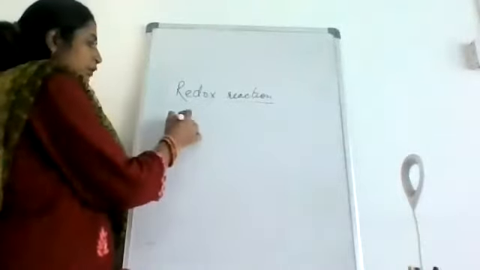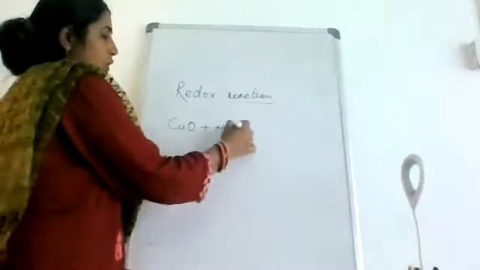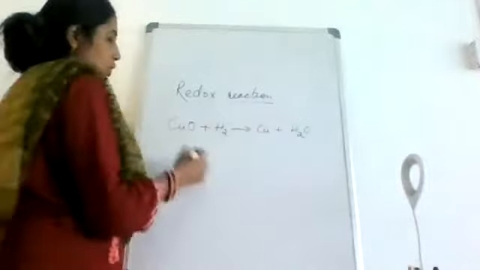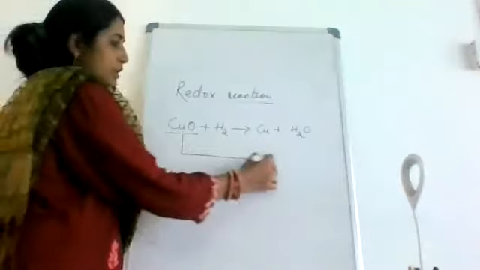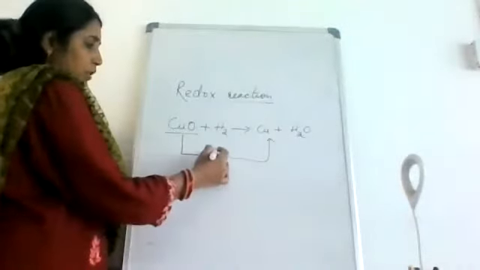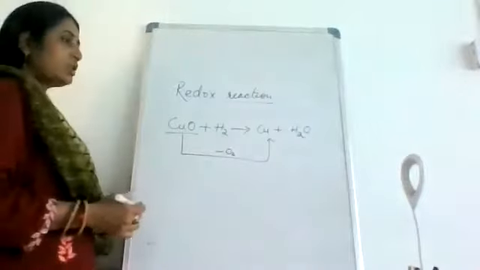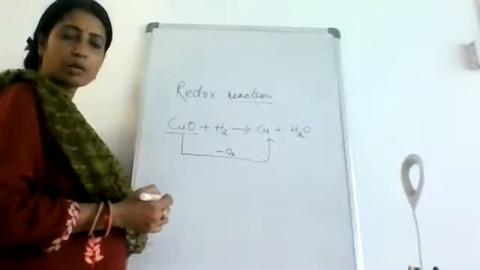In the morning we discussed this example. Copper oxide reacts with hydrogen, gives copper plus H2O. Where copper oxide was changing to copper, there was what?